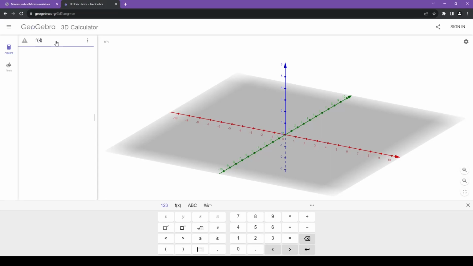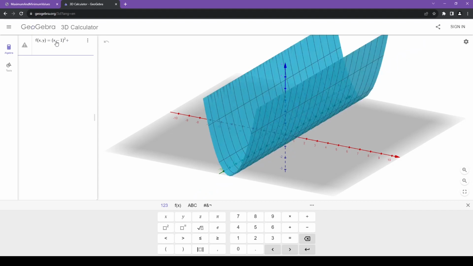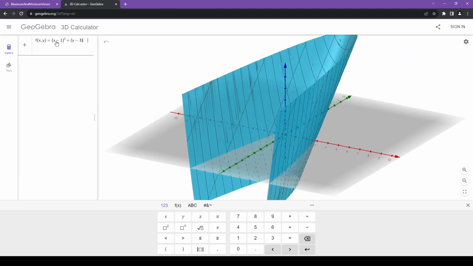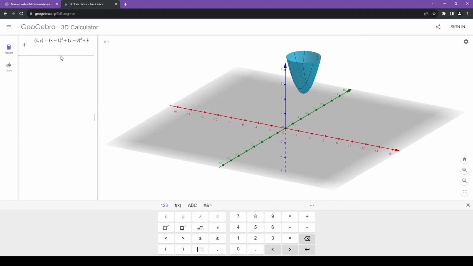So if we look at GeoGebra here to see the plot of our function, we see that that's our point, and we can plot the local minimum here, 1, 3, 4. We see that it's fine.